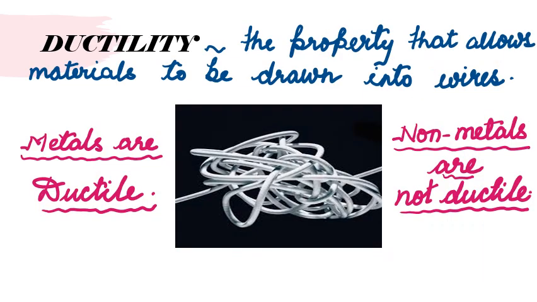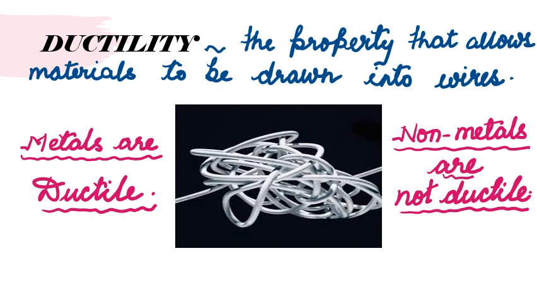Ductility is the property that allows materials to be drawn into wires. Electrical wires are made of thin strands of copper or aluminium. And you know that copper and aluminium are metals. The thin strands can be turned and twisted easily without breaking. And this shows the ductility of metals.